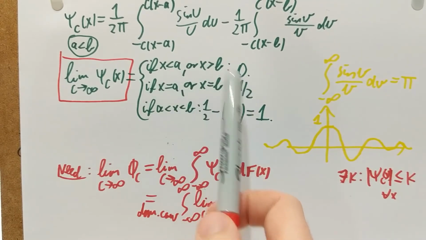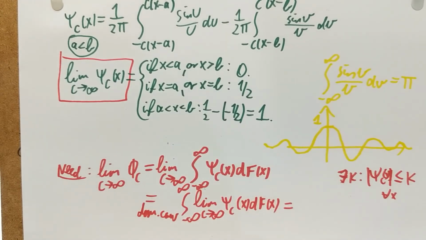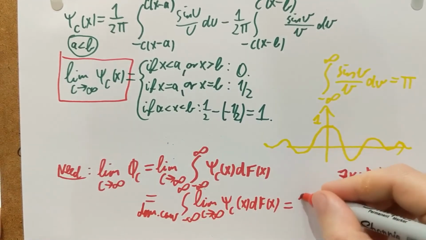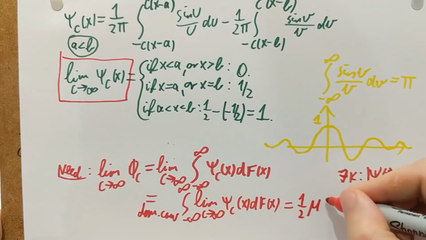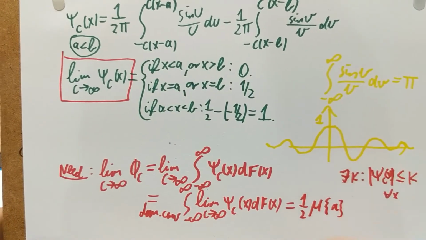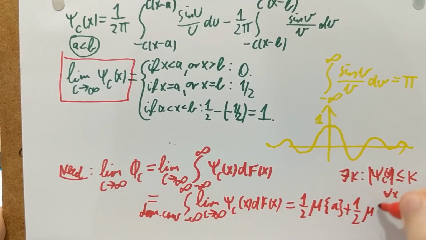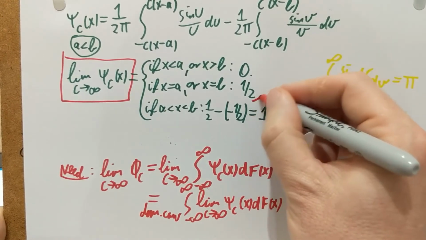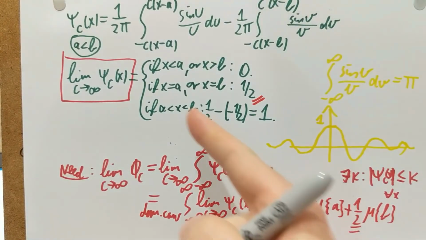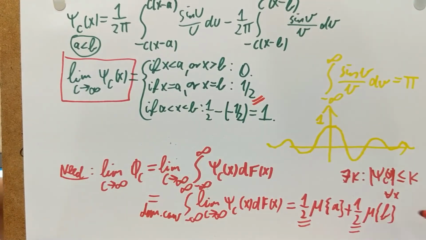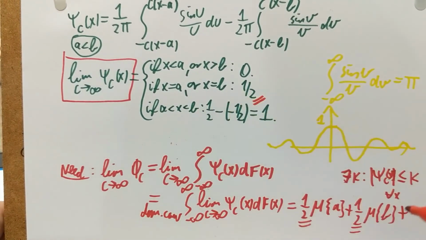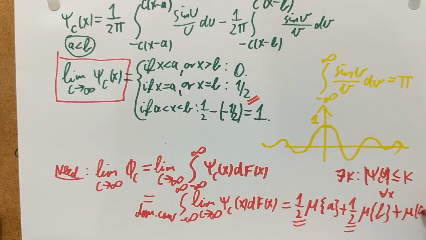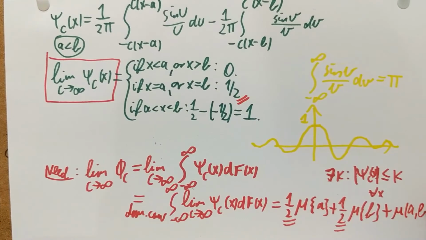This limit is 1/2 at a and at b, which means that if there is a positive measure given by dF at a, that will count with a 1/2 contribution because of this 1/2 here. And on the open interval I'm contributing with a full weight, with full value of the psi. So that gives me the term mu of the open interval a b.